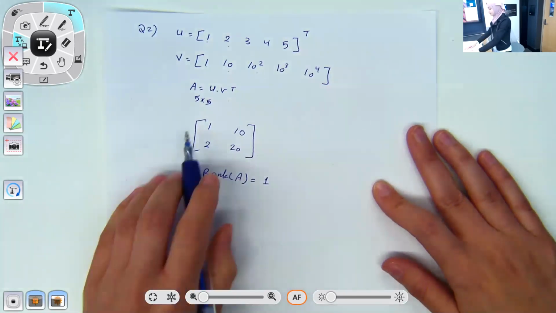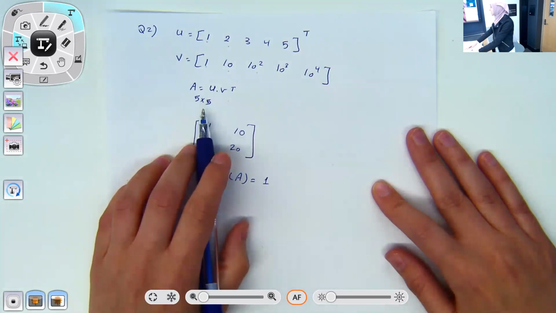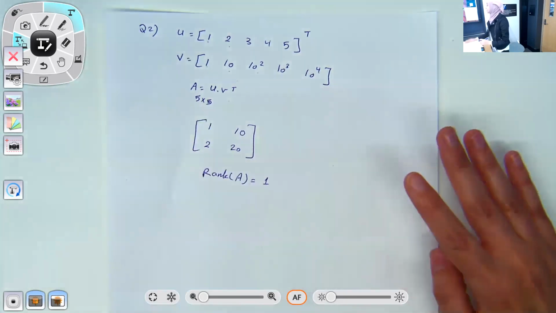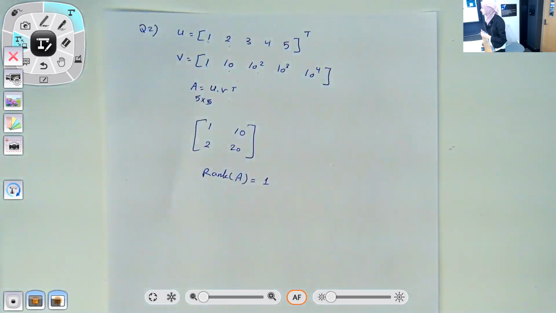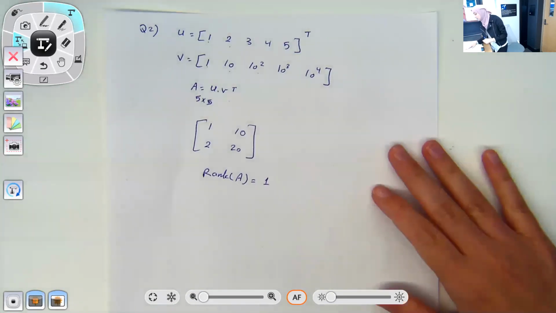Because we have matrix A, which is 5 times 5, and the rank is 1, there are 4 entries of this matrix in the diagonal which equal 0. So here we have 4 eigenvalues which equal 0.